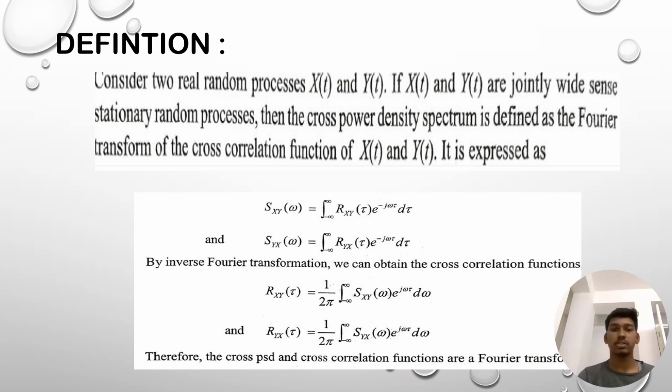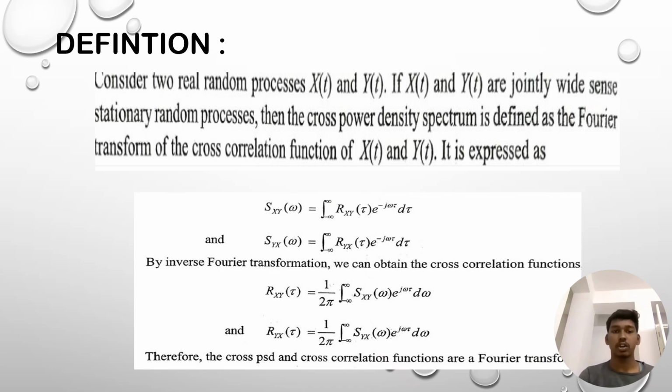Then the cross power spectral density is defined as the Fourier transform of the cross correlation function of x of t and y of t. If we apply the Fourier transform to the cross correlation function, we get the cross power spectral density.